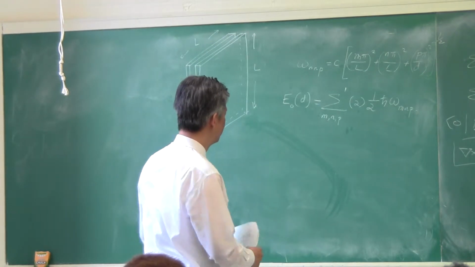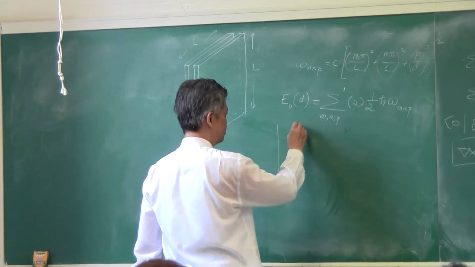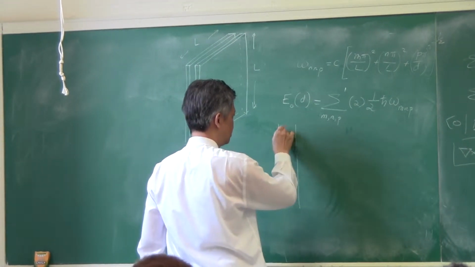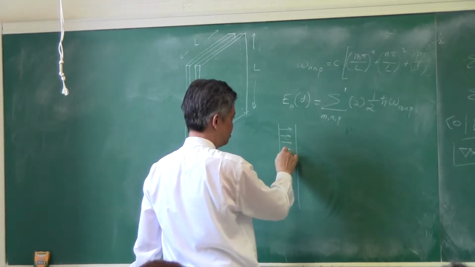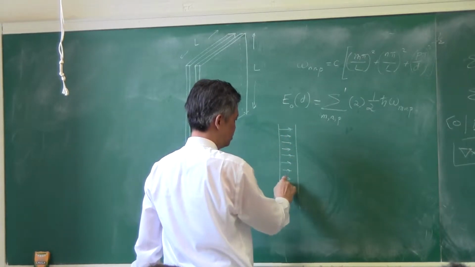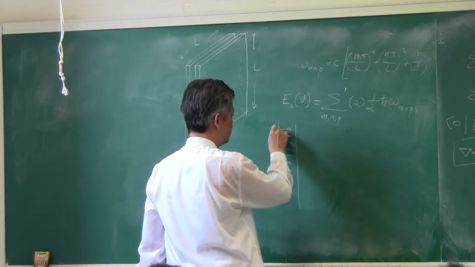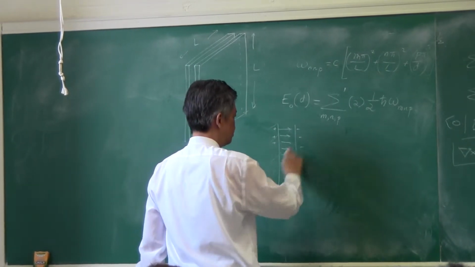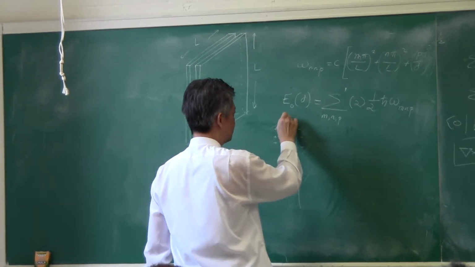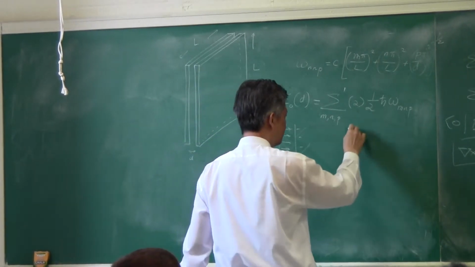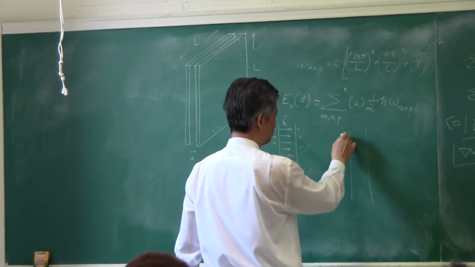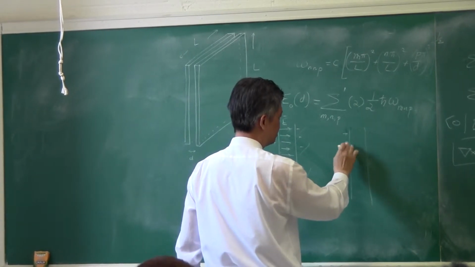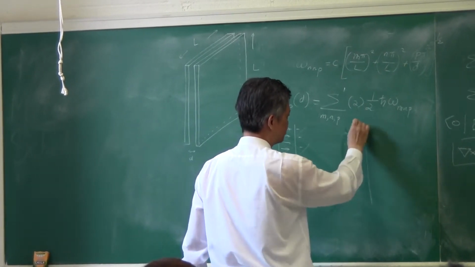There's one where the electric field goes like this between the parallel plate. This is plus minus n. So for this mode, the E field looks something like this. There's no corresponding mode that is the pair of this mode where the H field looks like this.